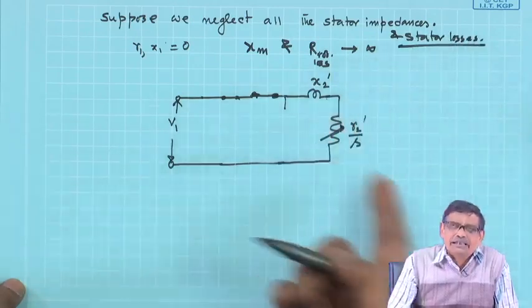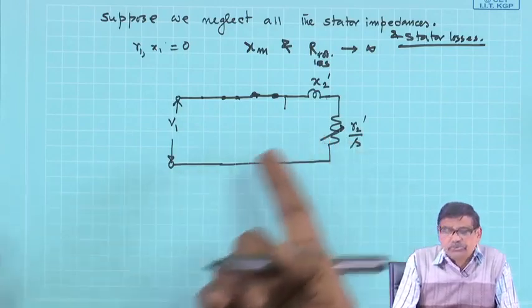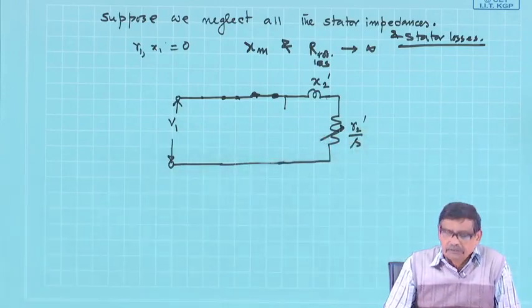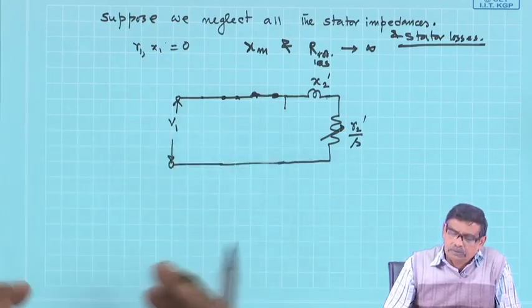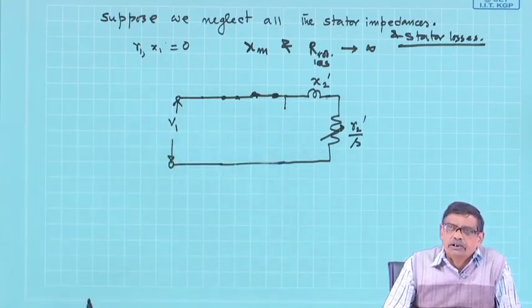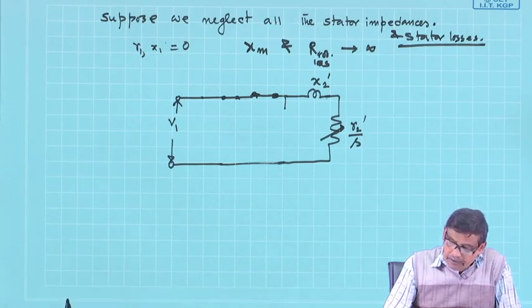But I will not do like that later, because it takes only 2 steps to arrive at those expressions. So, I will straight away use this equivalent circuit to get those things. It will also be a good practice.